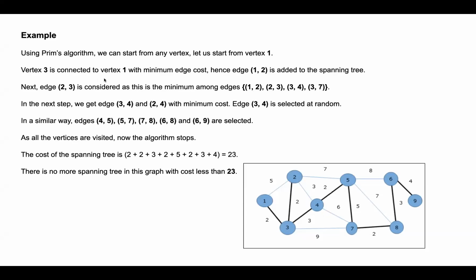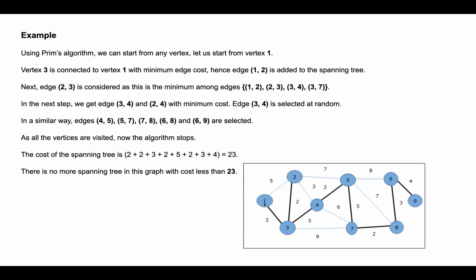Vertex 3 is connected to vertex 1 with the minimum edge cost, hence the edge 1, 3 is added to the spanning tree. From 1, there are edges 1 to 2 and 1 to 3, and 1 to 3 has the minimum cost, which is 2.